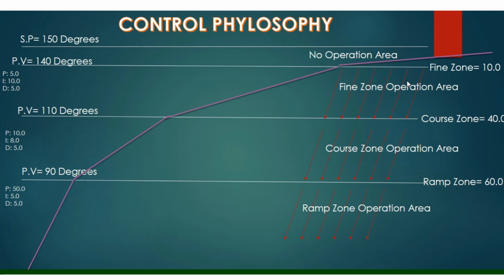So for this philosophy, once the temperature increases up to 140 degrees, that means your fine zone starting point. At this particular point, the control function block will stop the control value, that CV percentage, and it will leave the system on its own behavior.